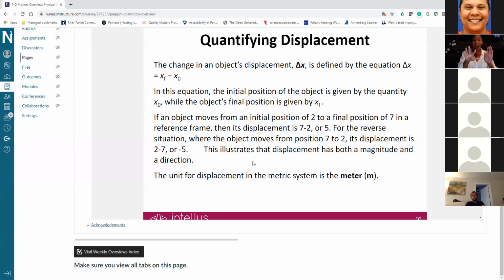Notice carefully that the property distance, which simply tells us how far the object moved, is also measured in meters. So you have to be careful. Do you want the property distance or do you want the property displacement? They're both measured in meters, but you find them very differently.